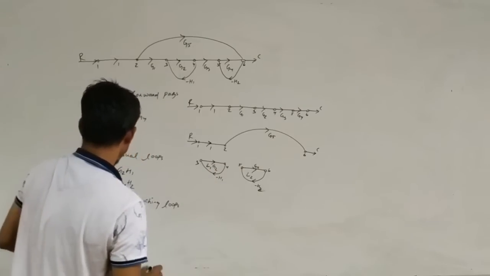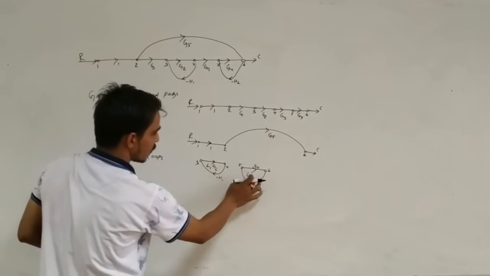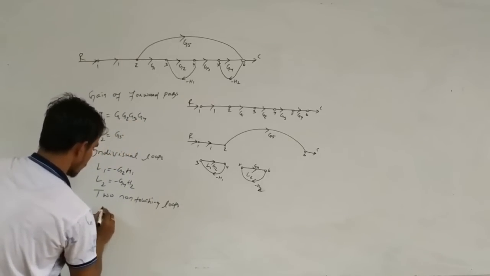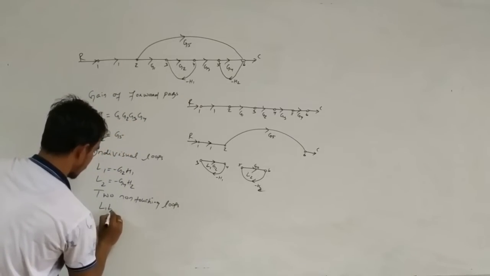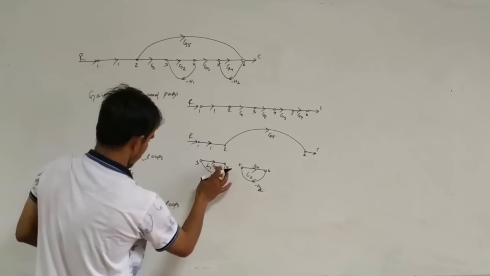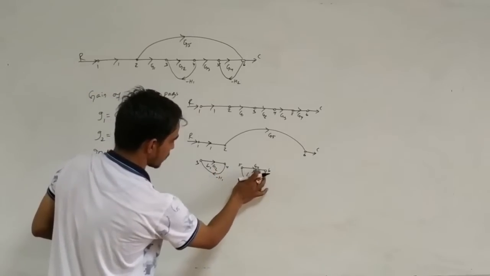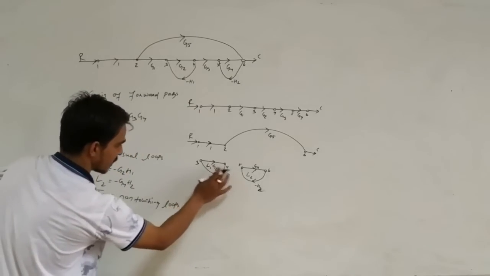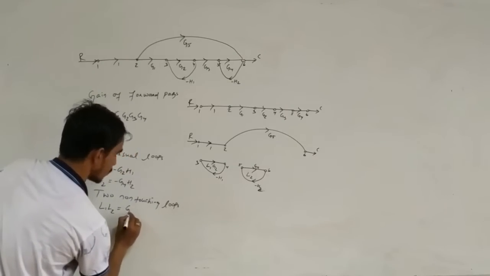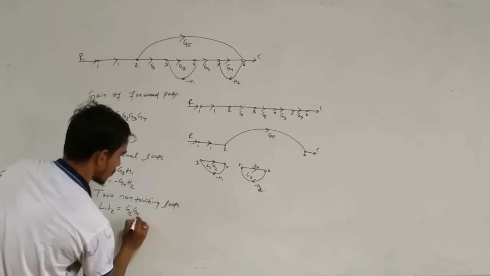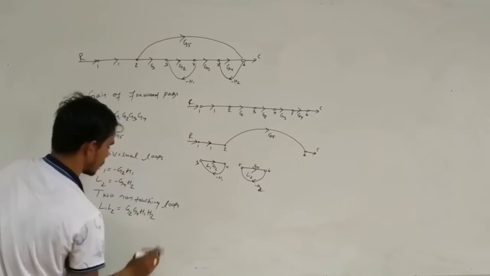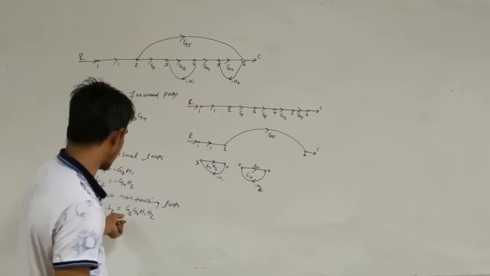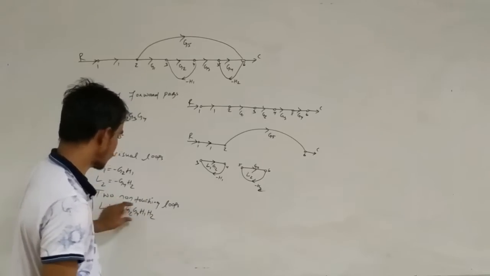Suppose say this is L1 and L2, both are not touching each other. So two non-touching loops, L1 L2, equal to minus G2 H1 times minus G4 H2. So the gain will be minus times minus, plus, that is G2 G4 H1 H2. So L1 L2 will be this one.